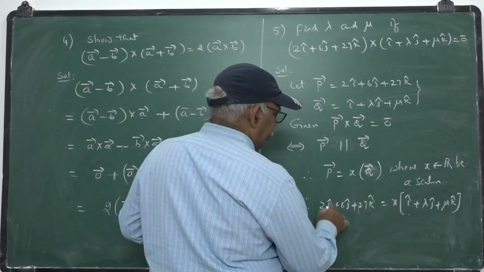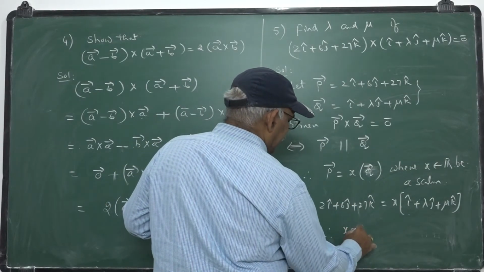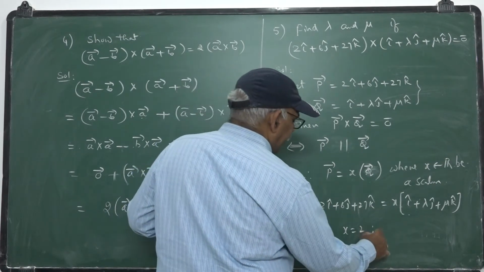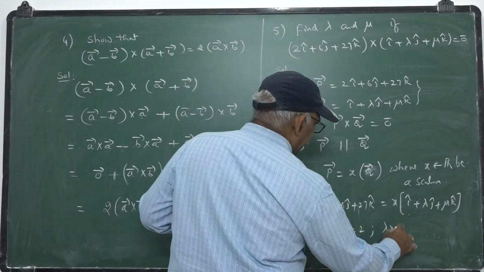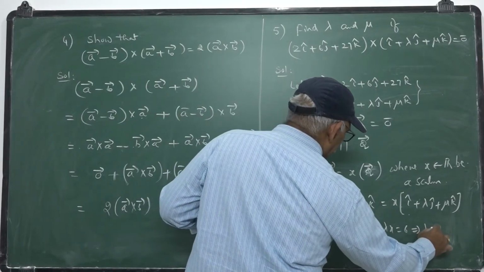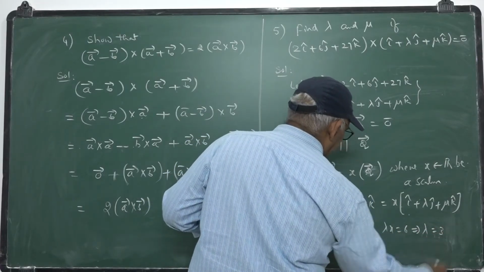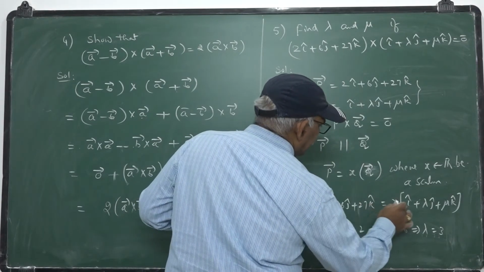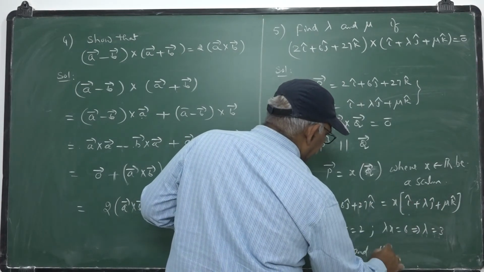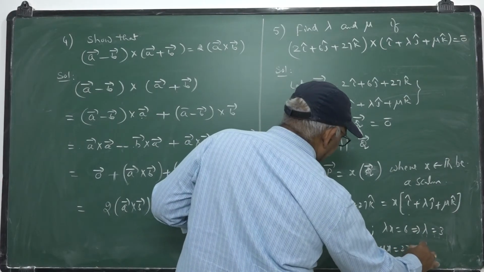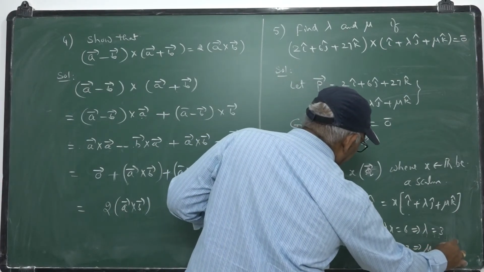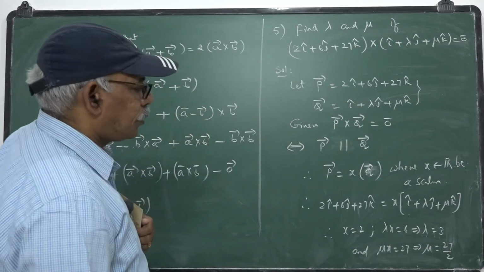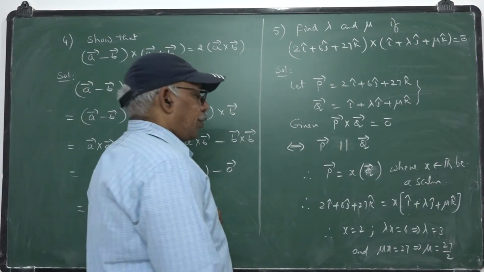Comparing these two, clearly x takes the value 2 from comparing i components, and lambda x equals 6, implies lambda equals 6 by x, that is 3. Moreover, comparing k terms, 27 equals mu x, so mu takes the value 27 by 2. Hence lambda equals 3 and mu equals 27 by 2.